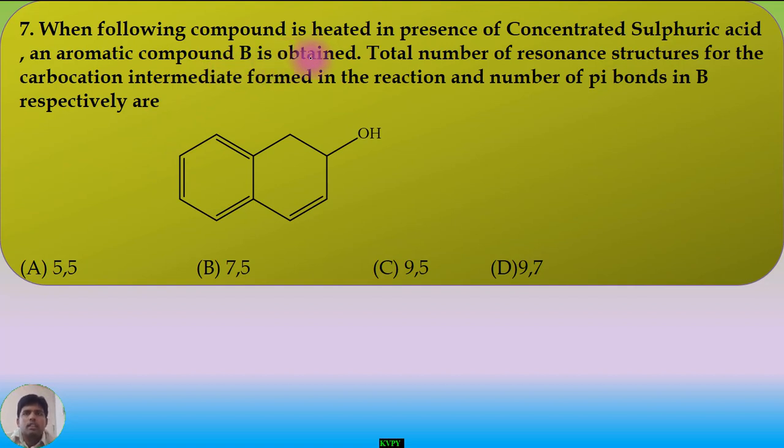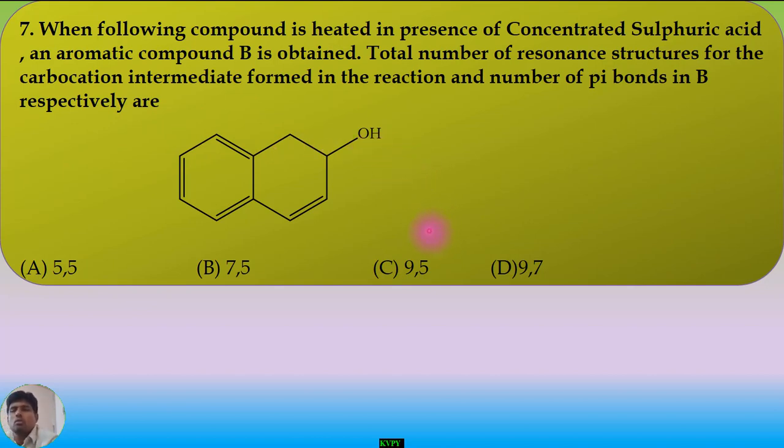When the following compound is heated in presence of concentrated sulphuric acid, an aromatic compound B is obtained. Yes, this compound if we dehydrate, it will become naphthalene. Total number of resonance structures for the carbocation intermediate formed in the reaction and number of pi bonds in B respectively are.